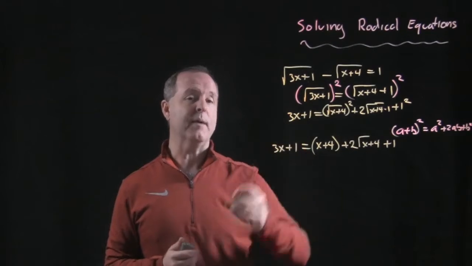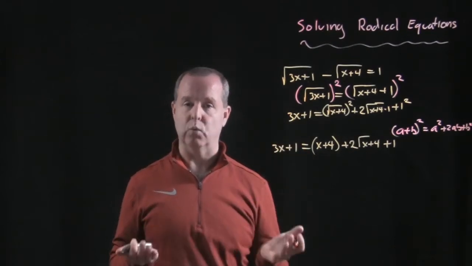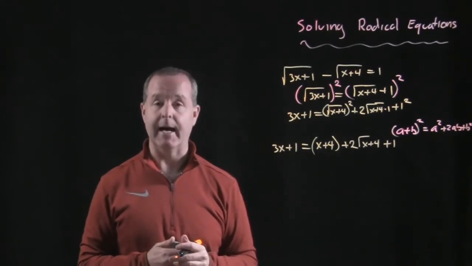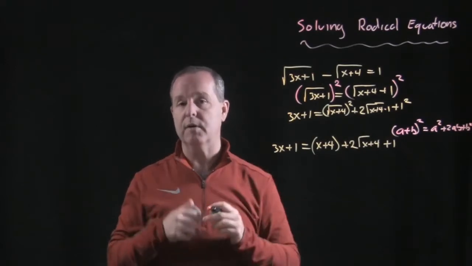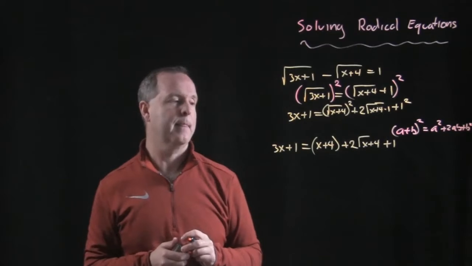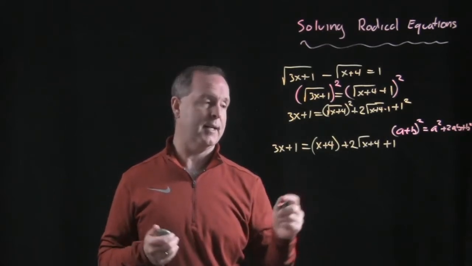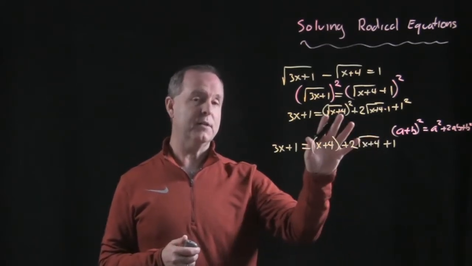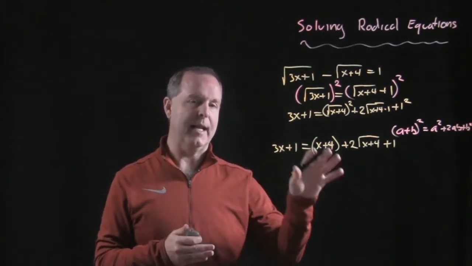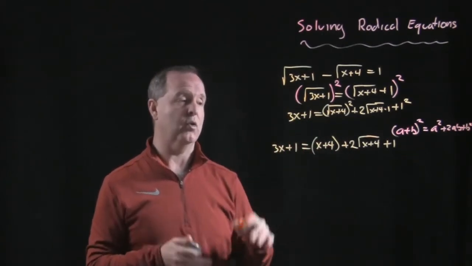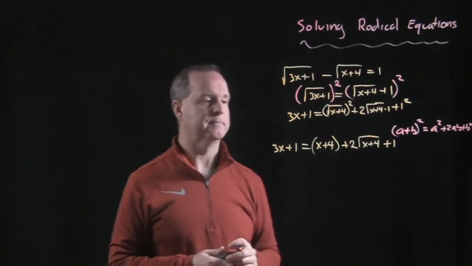So I need to go back and repeat step 1 again, which is to rearrange my terms and isolate a radical. So this is the first example we've seen where we kind of have to do the process a second time. And the reason why we have to do the process a second time is, well, my first step eliminated one radical. I have to do it a second time to eliminate the other radical. Well, not the other radical, but another radical is produced.